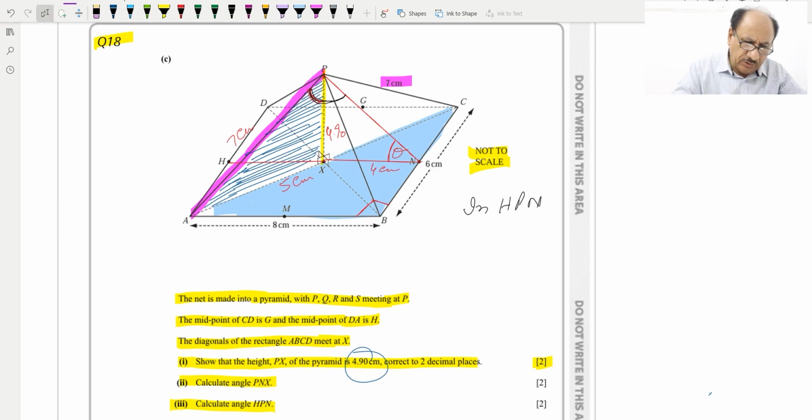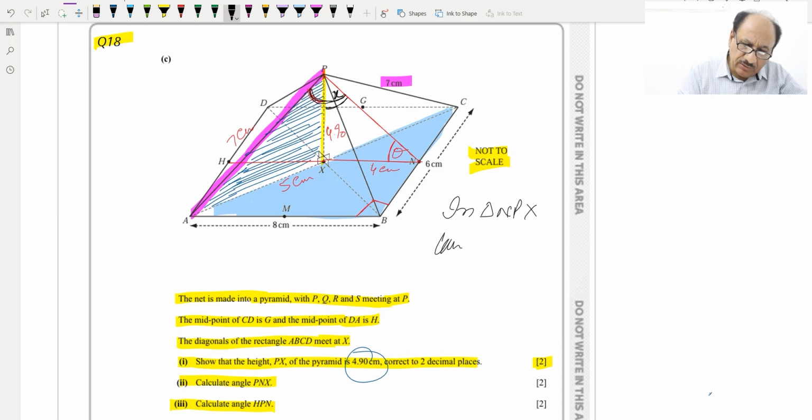So what we can do, we can take the same triangle, NPX. We will find this top angle, and this one we can suppose as X, and we will be doubling that angle. So X, for example, we have opposite and adjacent, so this will be tan theta.